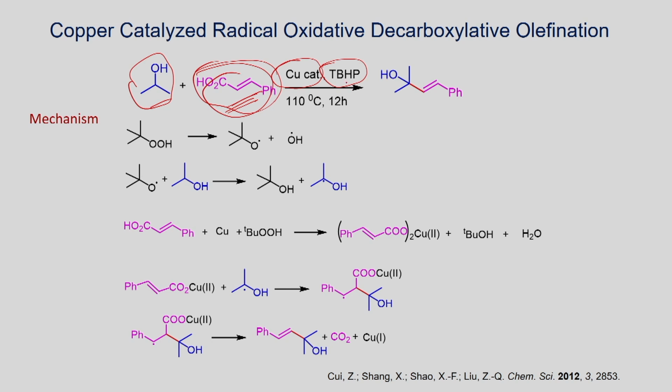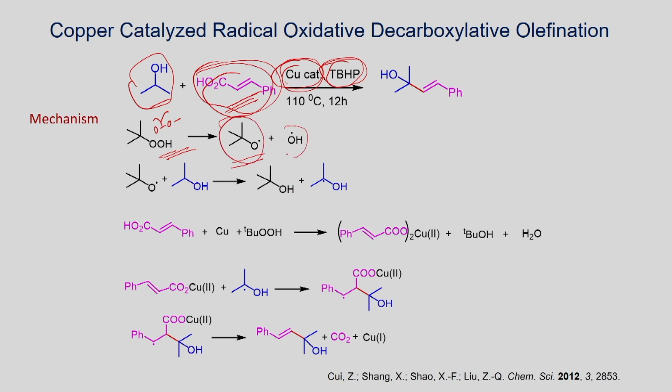So now let us look at the mechanism of this transformation. In the presence of a catalytic amount of copper, tertiary butyl hydroperoxide can undergo cleavage. Again you have the oxygen-oxygen bond which can undergo cleavage, and you will be able to form the tertiary butoxide radical.